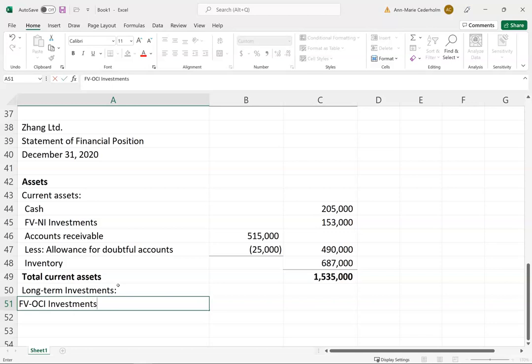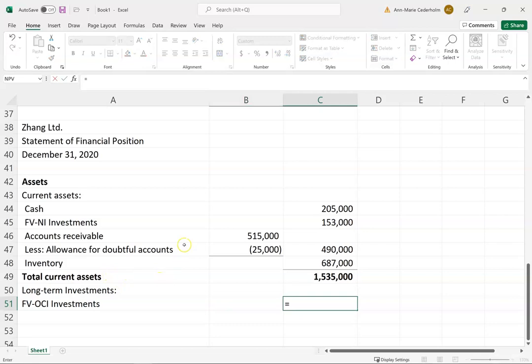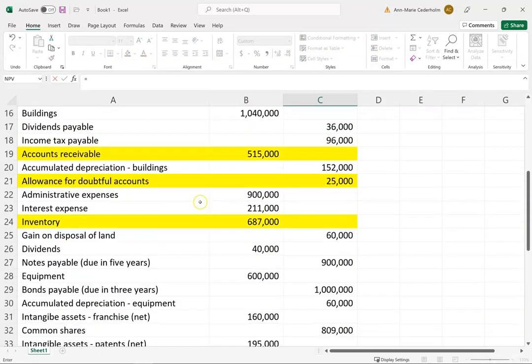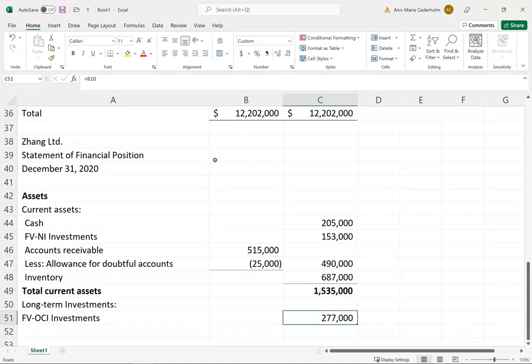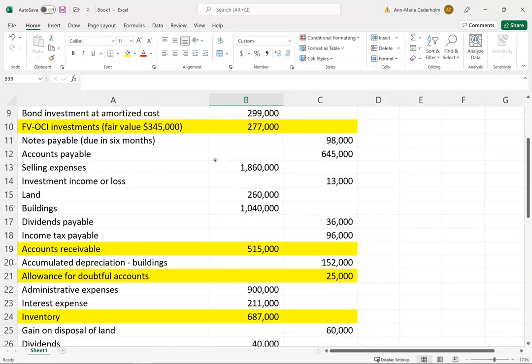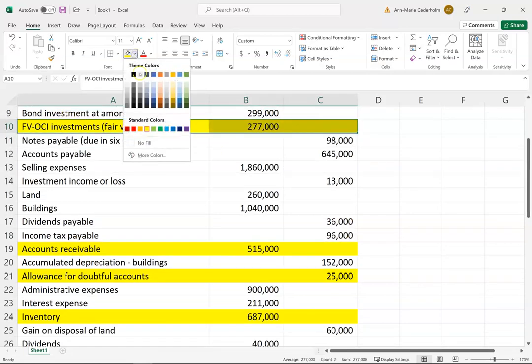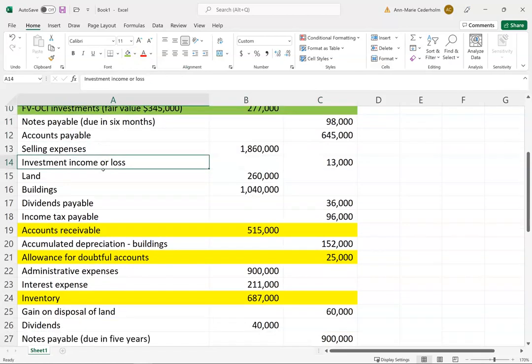But for now, we'll just use that as a rule. And let's take a look to see if there's any other ones. And maybe I'll change the color coding on that. I'll make that one green. So any long-term investments I'll make green just to stand out.